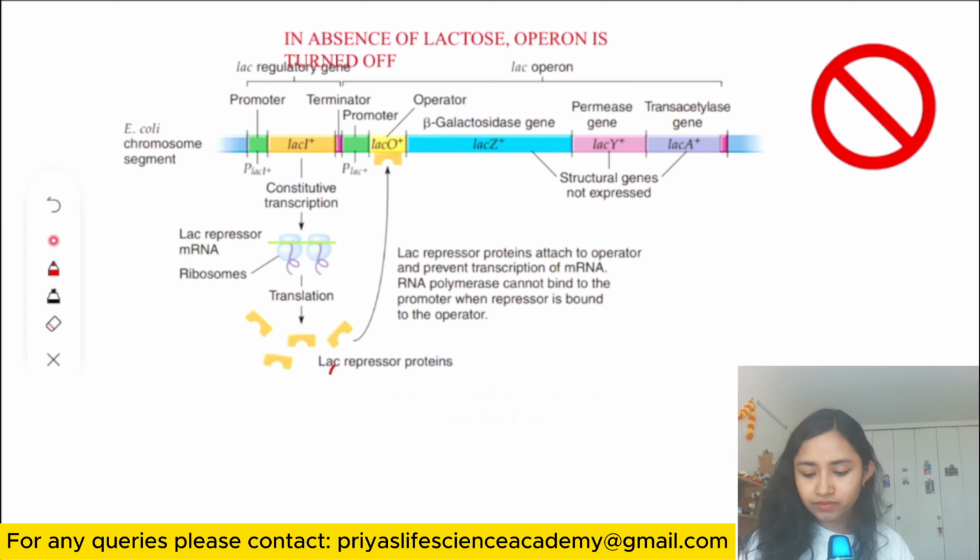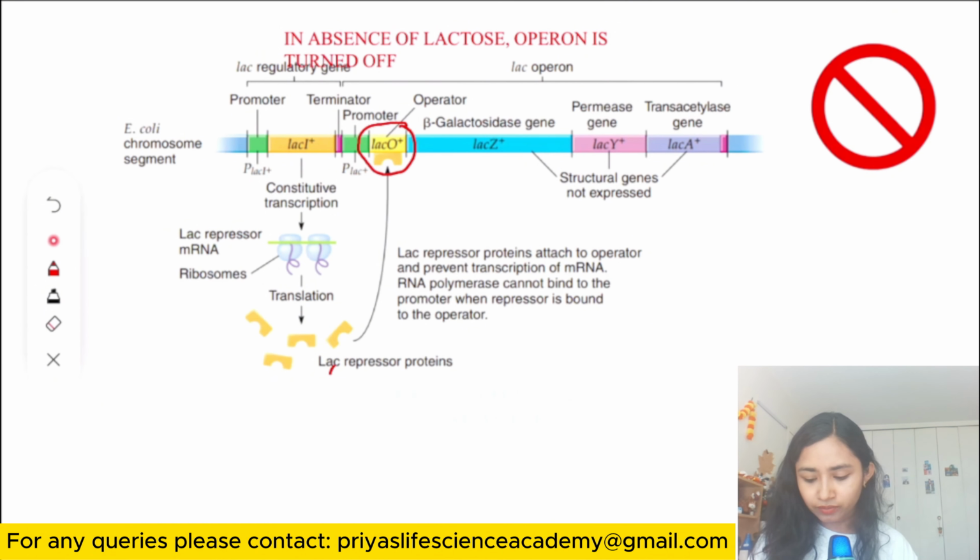So this operator region is already blocked by the lac repressor. Here you can see the lac repressors bound with the operator region. The promoter region is the site where the RNA polymerase enzyme can bind and start the transcription.